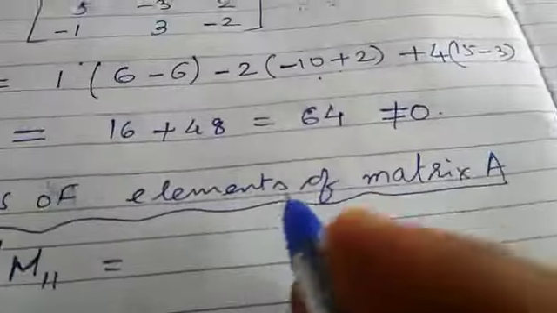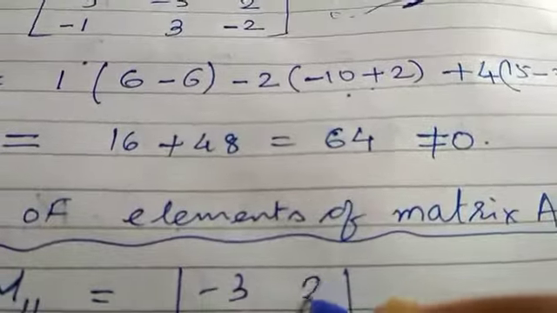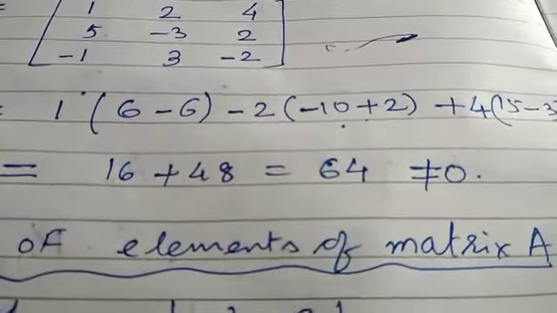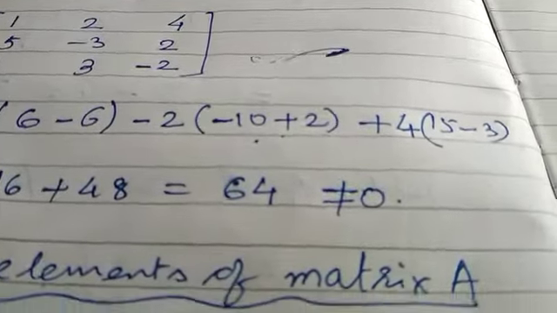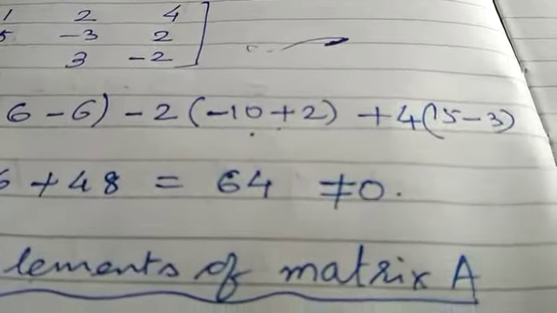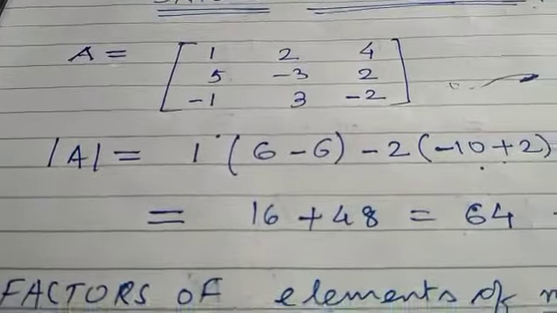So hide first row and first column, we will get this determinant minus 3 2 3 and minus 2. That will be 6 minus 6 equal to 0. So the cofactor A11 is 0.